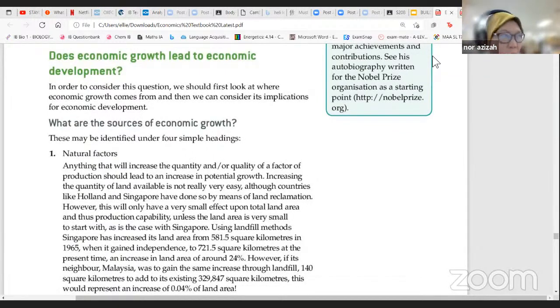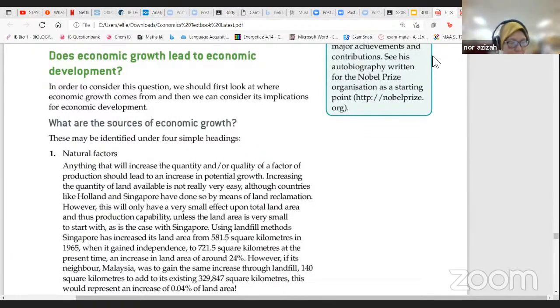One of the main criteria is changes in the resources. Resources could be natural resources, labor, and the third one would be technology.